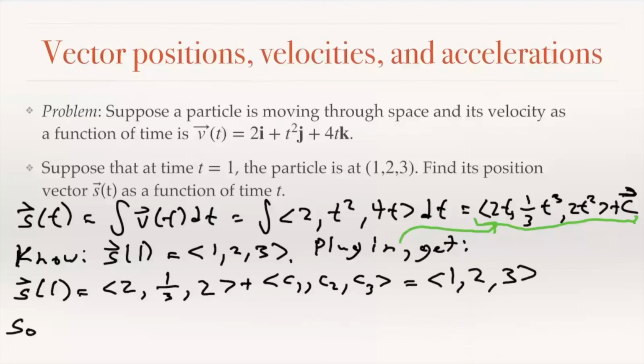Equating components, 2 plus c1 must be equal to 1. The second components must be equal, so 1/3 plus c2 must be equal to 2, and 2 plus c3 must be equal to 3.